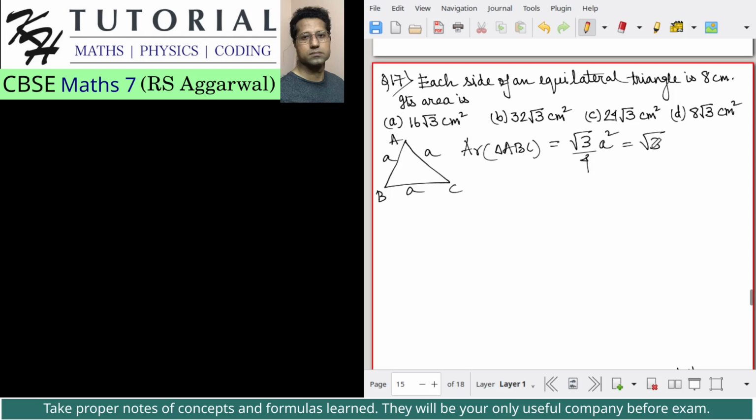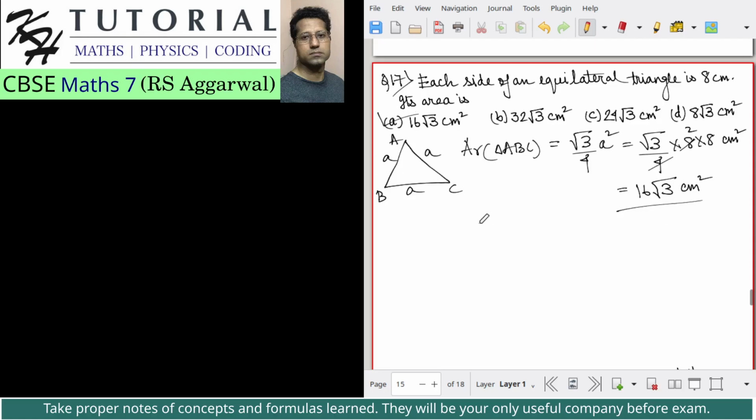The length of each side is given to be 8. So this is square root of 3 by 4 into 8 into 8 centimeter square, and this becomes 16 multiplied by square root of 3 centimeter square.